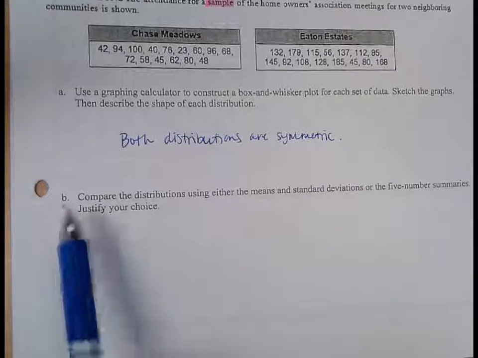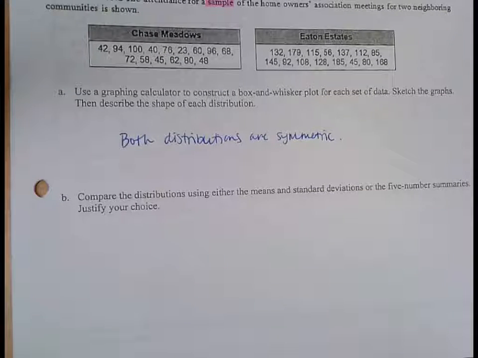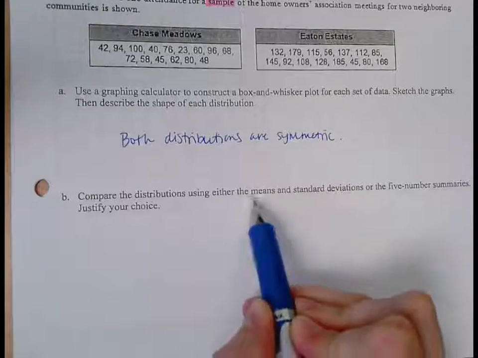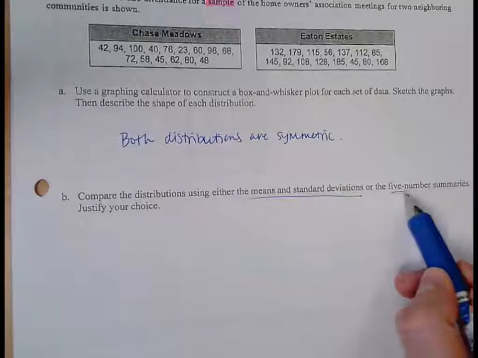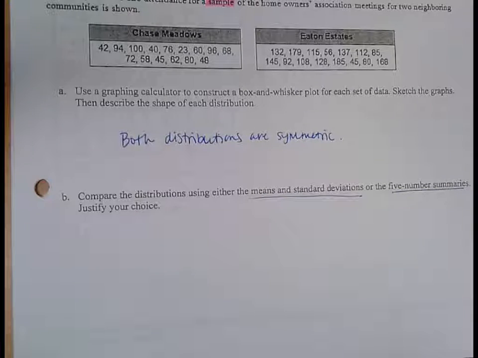So then for part B, if we're comparing the measures of center and spread, do we want to use the means and standard deviations, or do we want to use the 5-number summaries? Means and standard deviations.